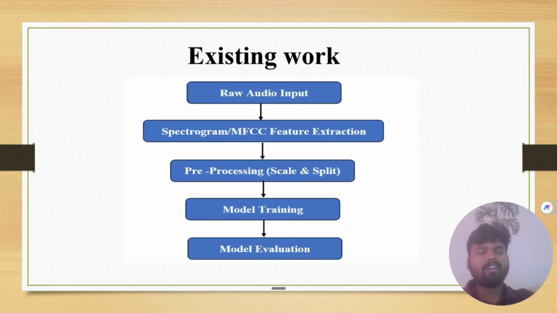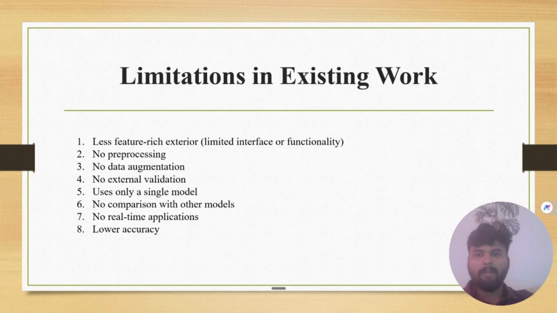This is the existing work: taking input as raw data and doing some minimal feature extraction and basic pre-processing. After that, model training and model evaluation. We can see the current limitations in the existing work. They were doing limited feature extraction and not doing pre-processing, like not checking outliers and missing values.